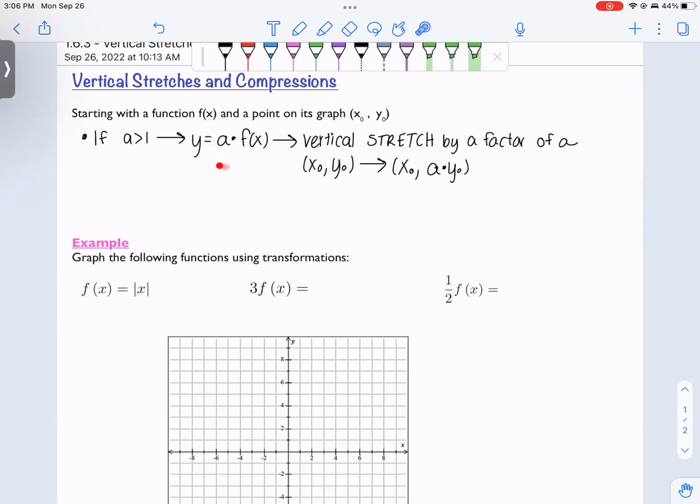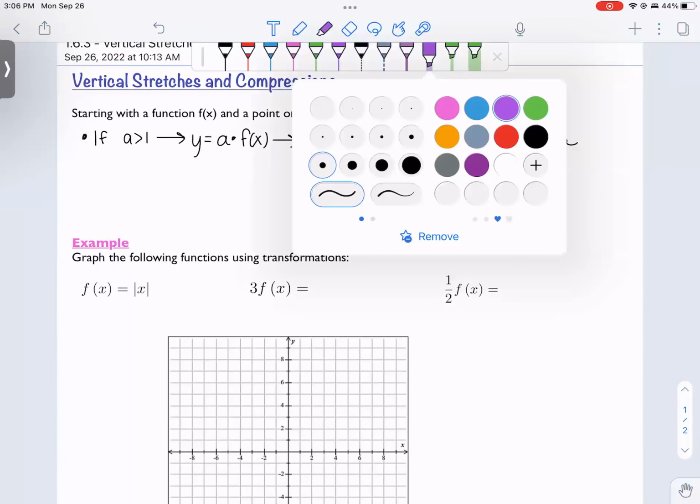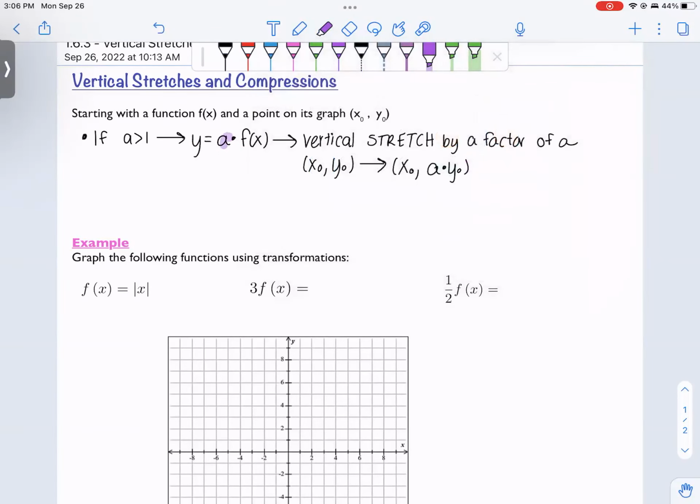So if y is now equal to a times f, that makes sense that you're multiplying the y value by a. So if your a value is greater than 1 and you multiply on the outside, you are going to stretch your function by a factor of a.